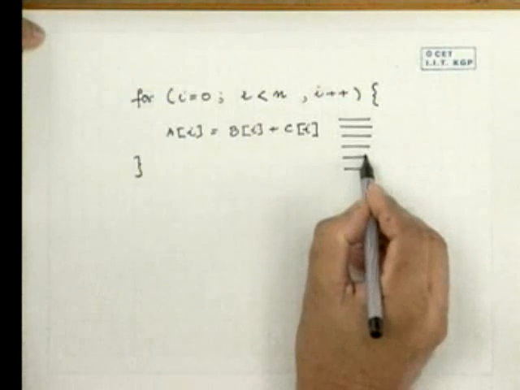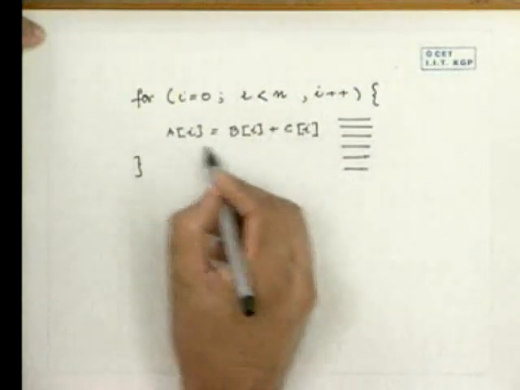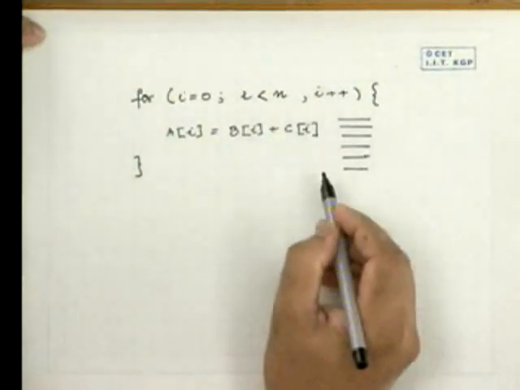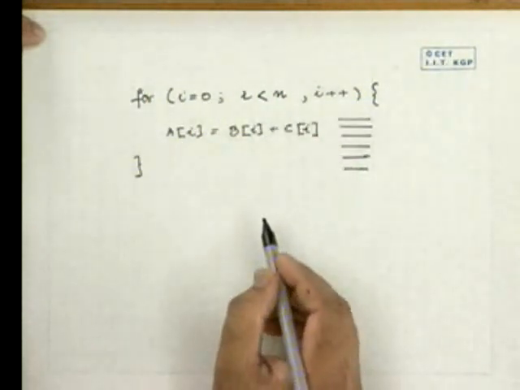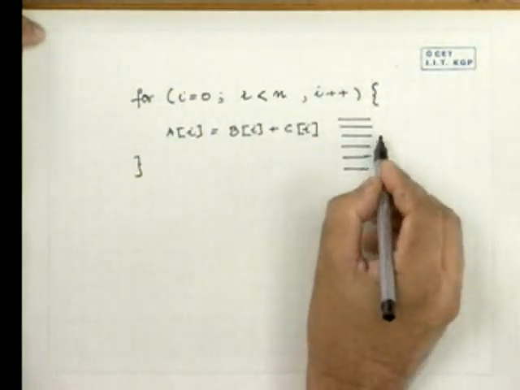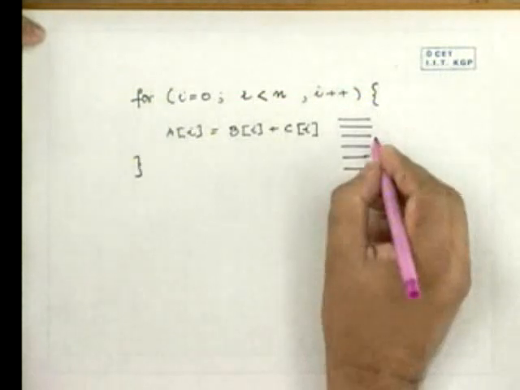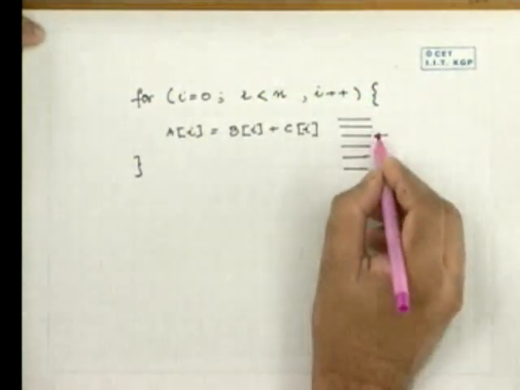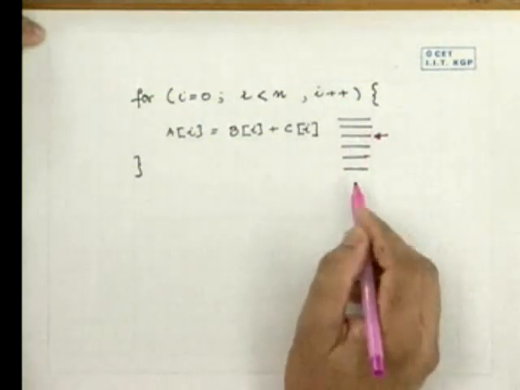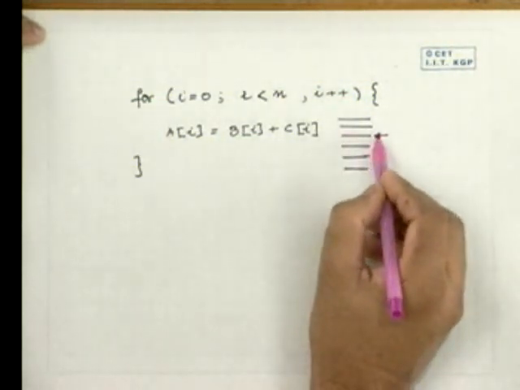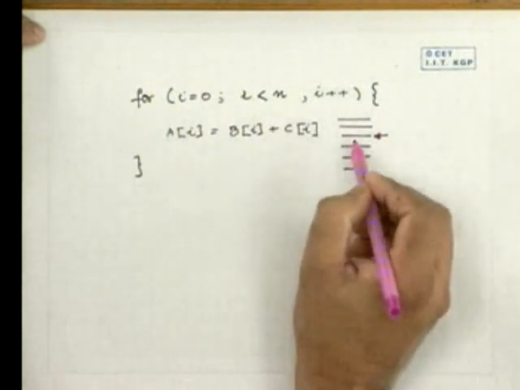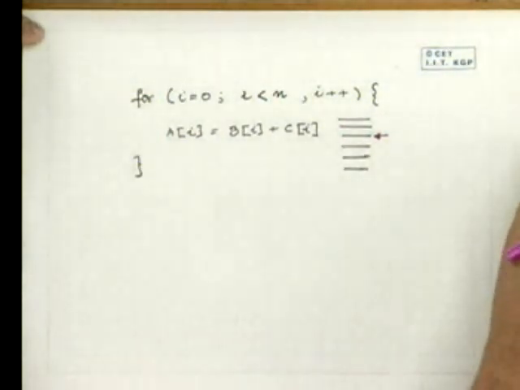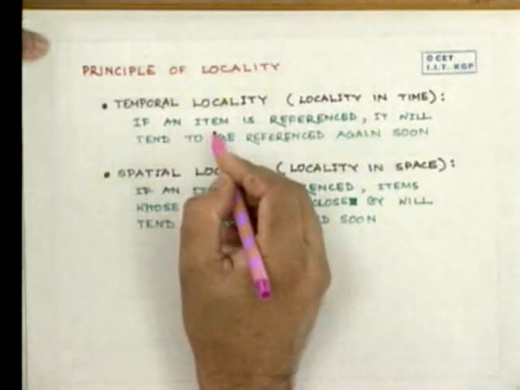For example, in this loop, the instructions into which this high-level language statement is translated will be executed n times. Which means that if a particular instruction is executed now, there is a high probability that it will be executed very soon because it is in a loop. This is the temporal locality.